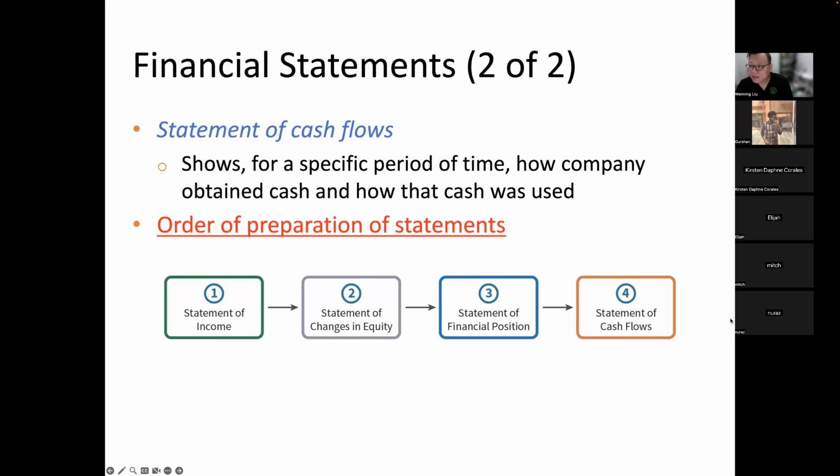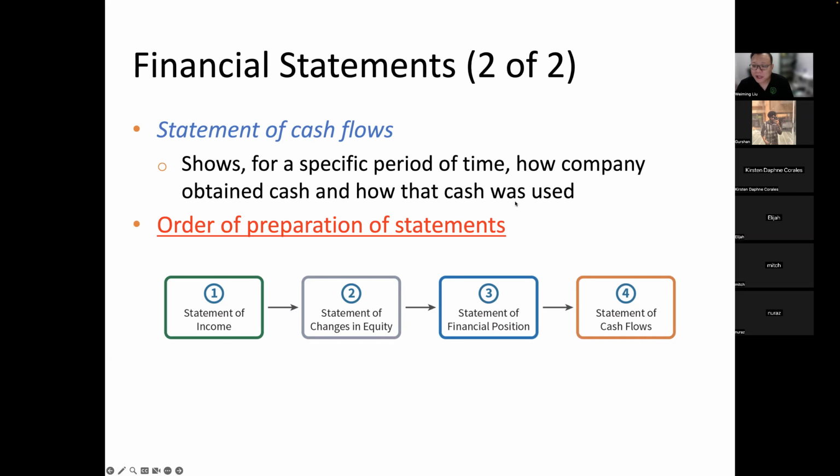You need to have cash flows to run the business. So this statement tells you, for that particular period of time, how much cash you have collected and how you used this cash. Where was this cash spent? Those will tell you the information.